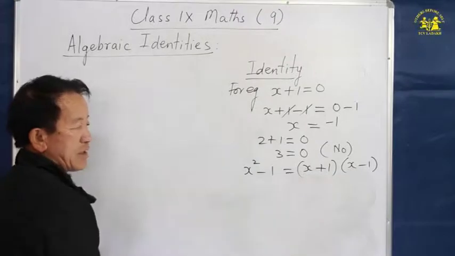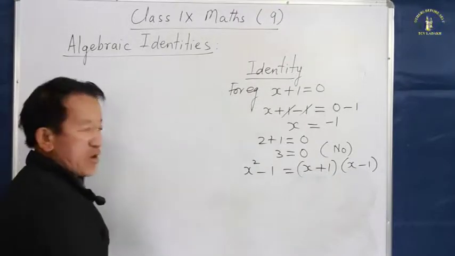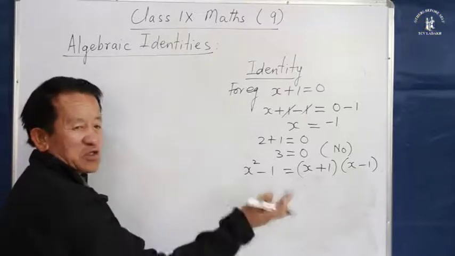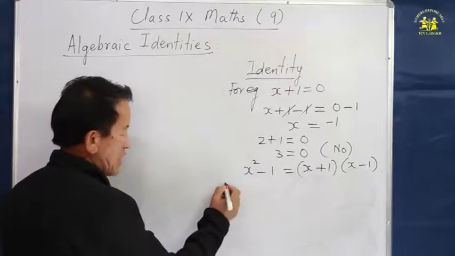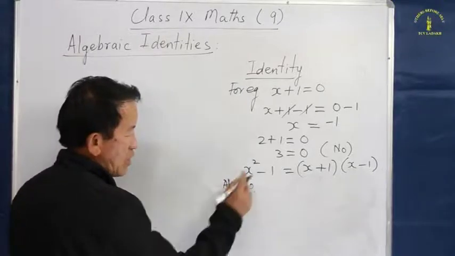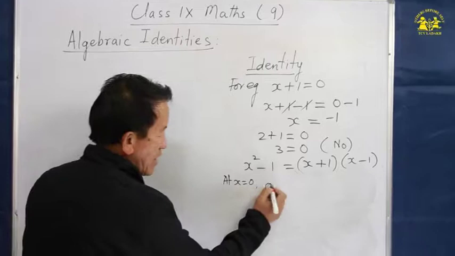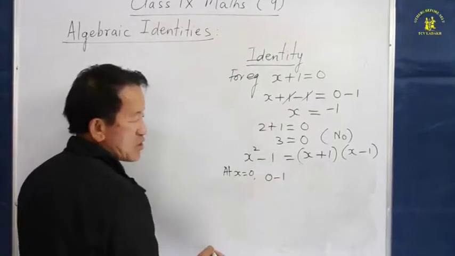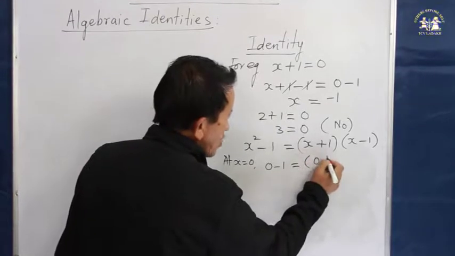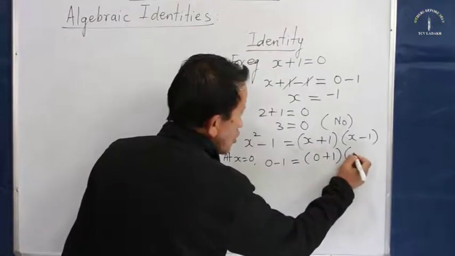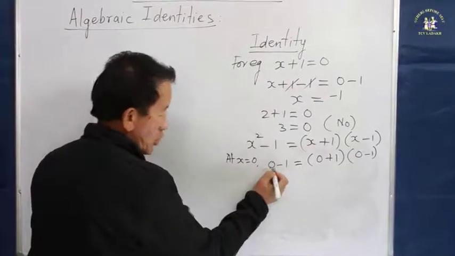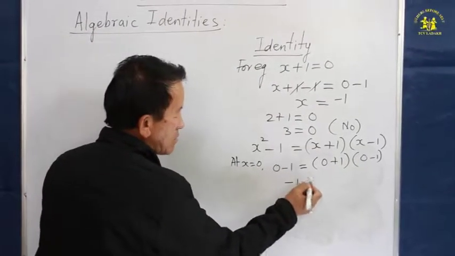Let's put the simplest value, x is equal to 0. 0 squared minus 1: 0 squared is 0, minus 1 is minus 1.